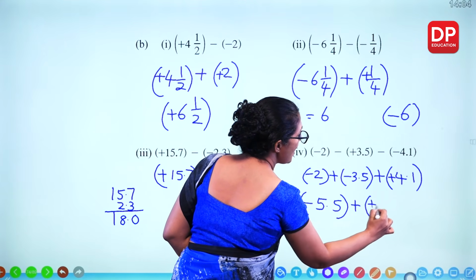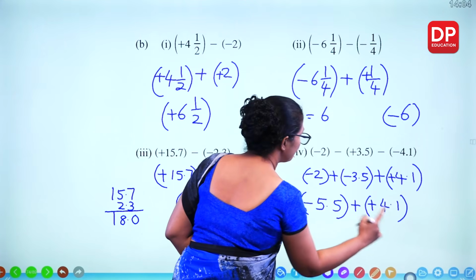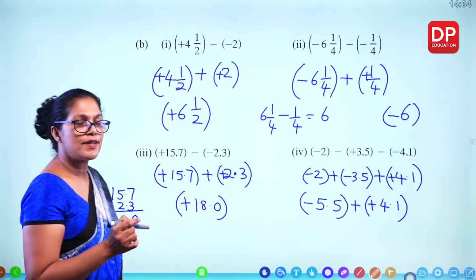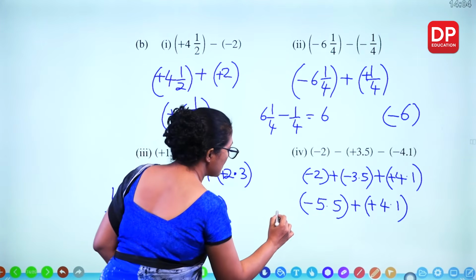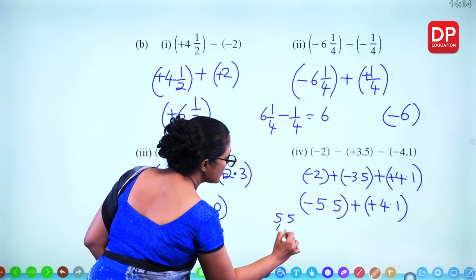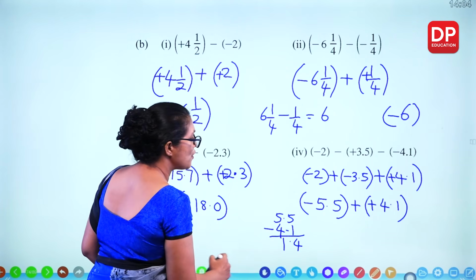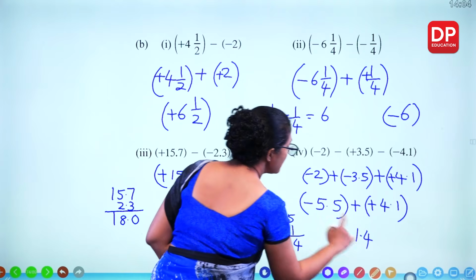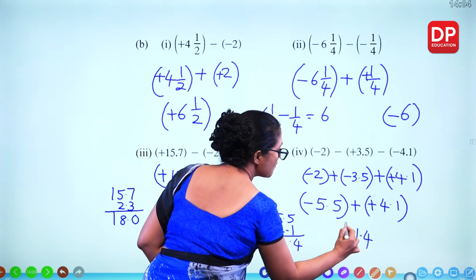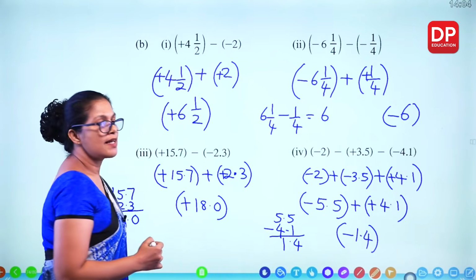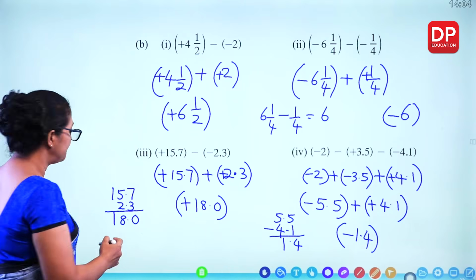And adding plus 4.1, again the difference. One is positive, one is negative. So take the difference. You get 1.4. Which number is bigger? Negative number. So answer is negative 1.4.